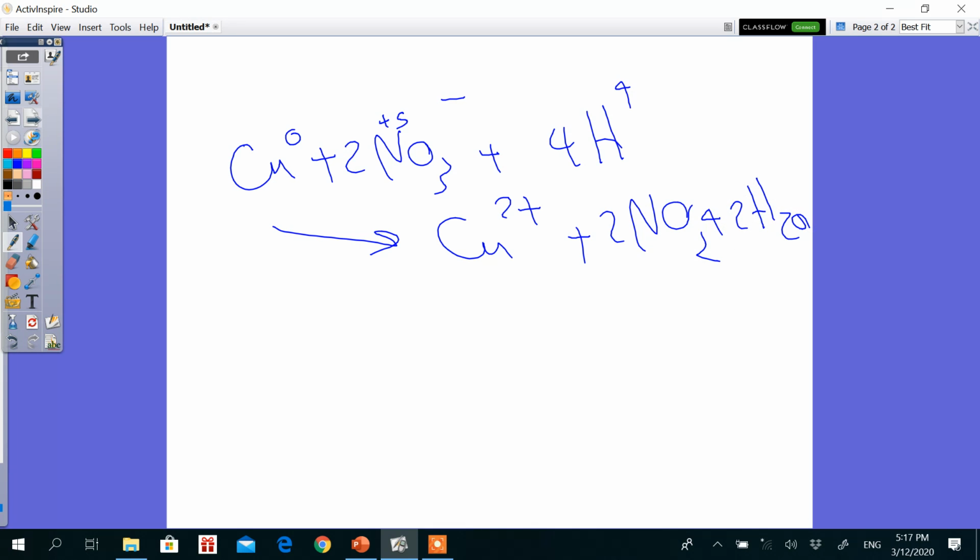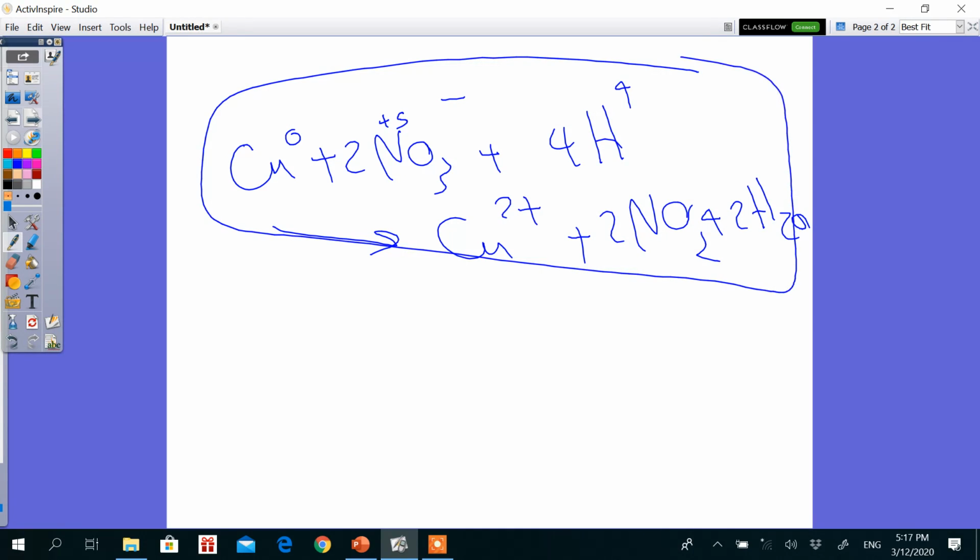So it is the net reaction. It is called a redox reaction. That is my redox reaction as in the paper.